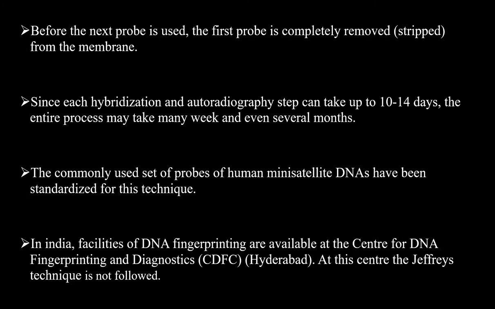Before the next probe is used, the first probe is completely removed from the membrane. Since each hybridization and autoradiography step can take 10 to 14 days, the entire process may take many weeks and several months. The commonly used set of probes of human mini-satellite DNAs have been standardized for this technique.